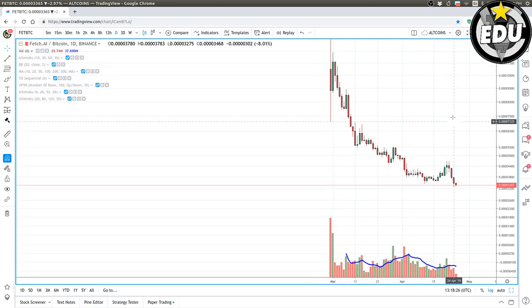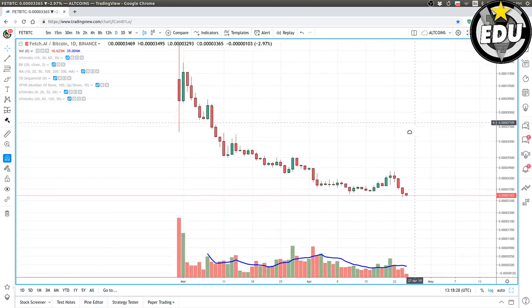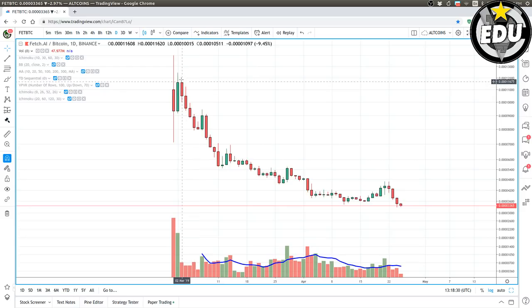First of all, I always look at the main time frame, the daily, to see what's going on, and I try to look for some kind of sideways motion that happens in the trend.